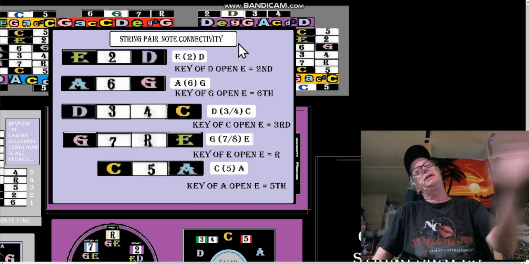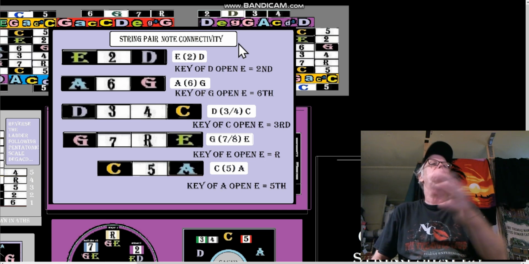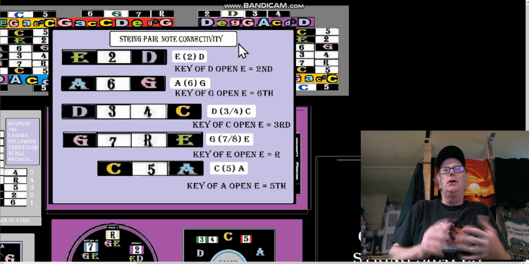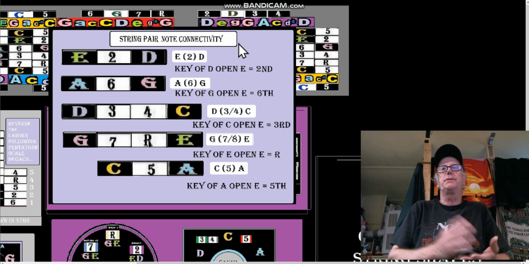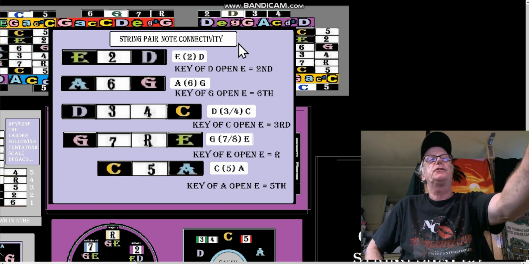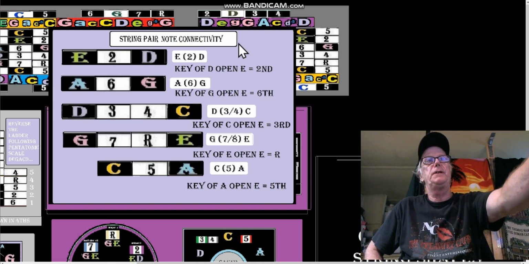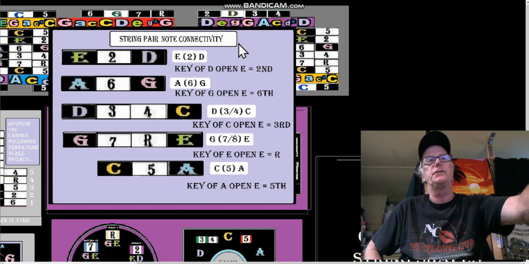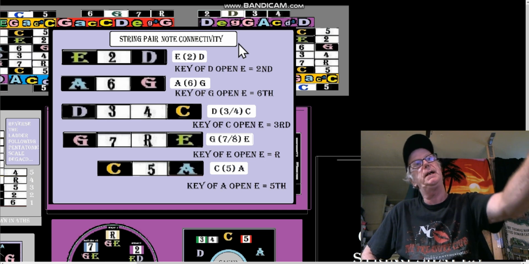Because when we want to change directions and go ascending, it's a lot easier than going, oh, what's the opposite of caged? Where am I? D? Where's D? What's up from D? D, E. If you had just gone down a pentatonic scale, C, A, G, E, D, and you change directions, it's D, E, G, A, C.